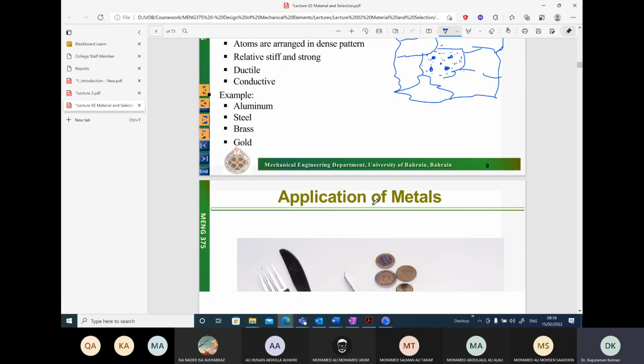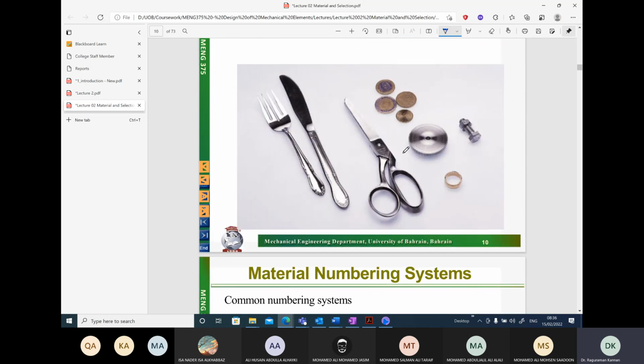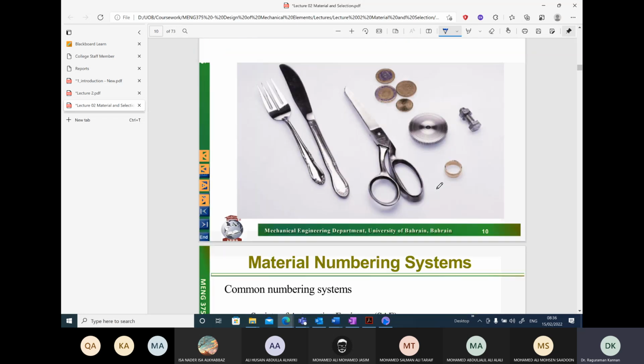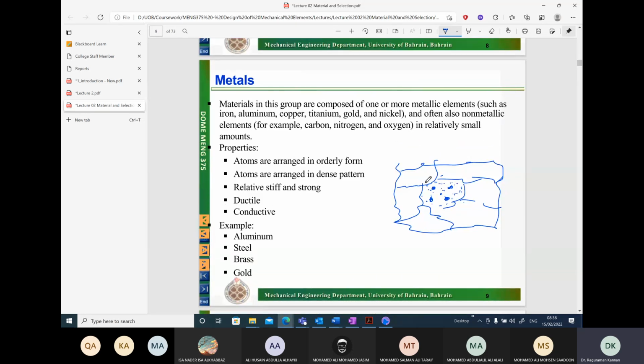Now, if we go to more examples, if we go for ceramics, on the other hand, in the ceramics your atoms are not free to move around. In metals, you have what are called metallic bonds.